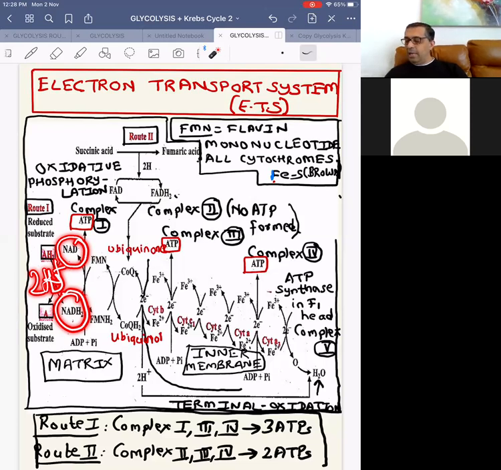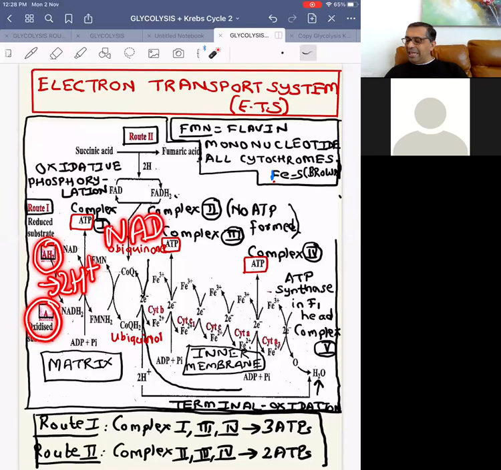So once again, the substrate by giving away hydrogen undergoes oxidation, whereas NAD by accepting the hydrogen undergoes reduction to form NADH plus H plus.